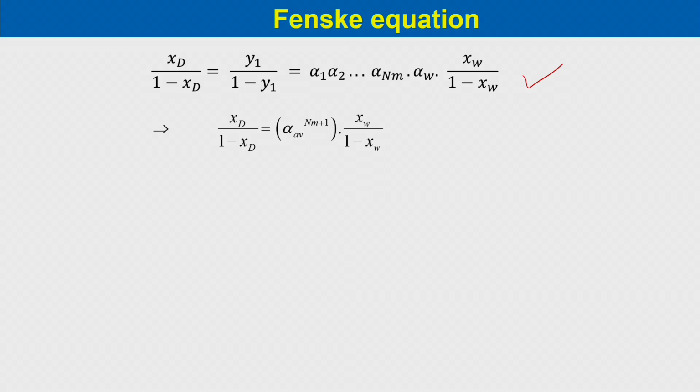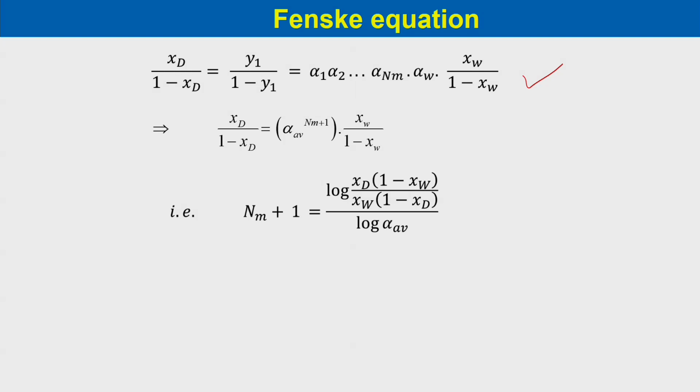We can simplify it as x_d by 1 minus x_d is equal to alpha average to the power nm plus 1 into x_w divided by 1 minus x_w.